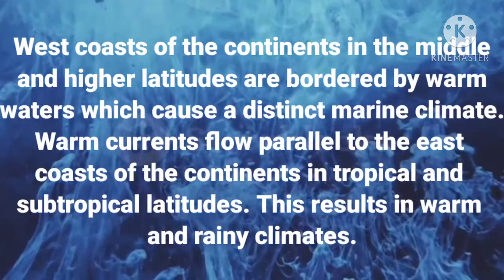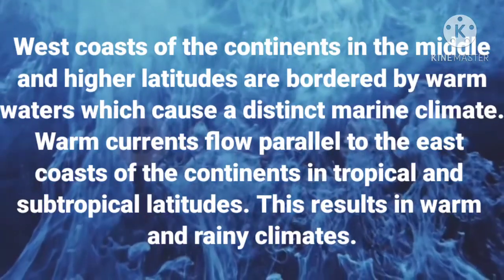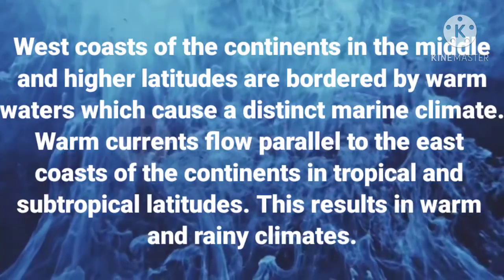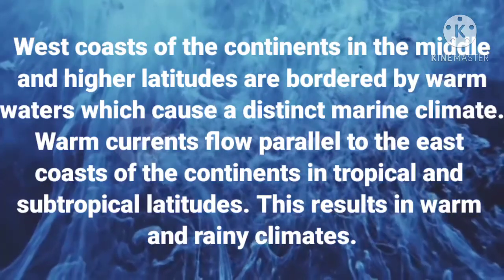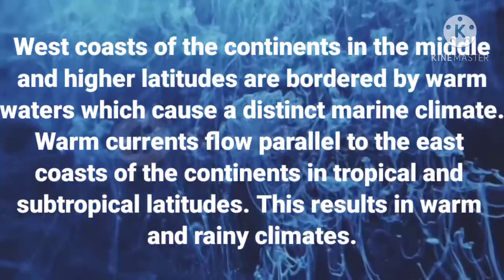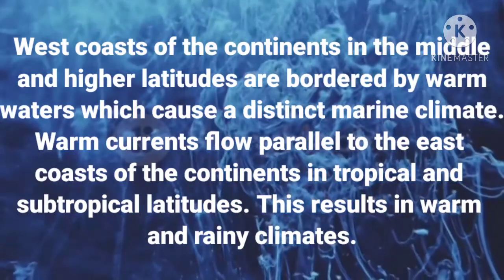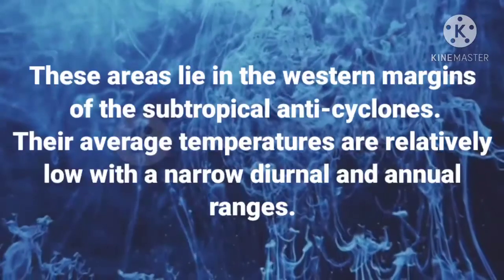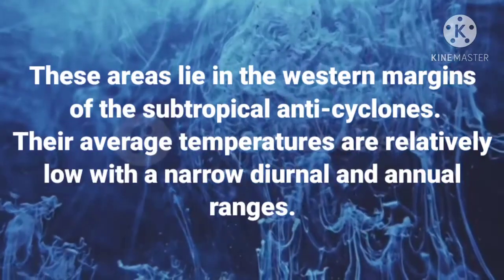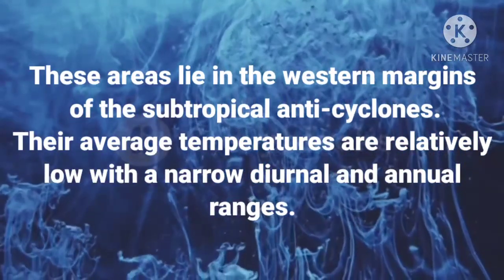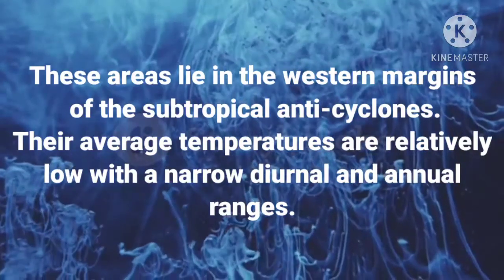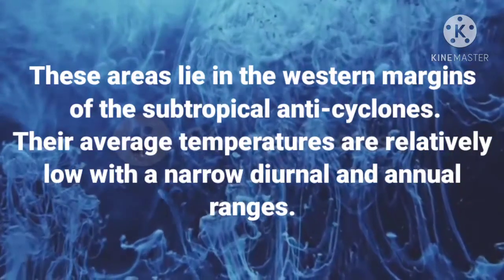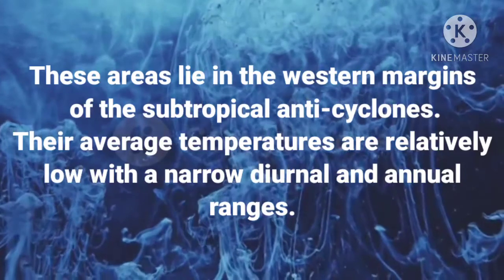The west coast, bathed by warm water, has a marine climate. They are characterized by cool summers and relatively mild winters with a narrow annual range of temperature. The mixing of warm and cold water currents helps in many areas to maintain the temperature of the coastal areas.